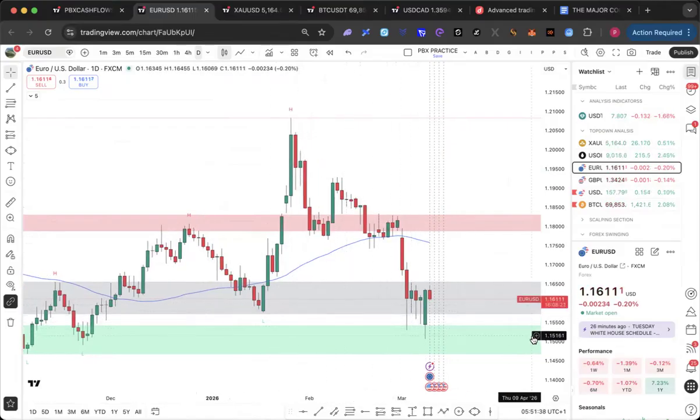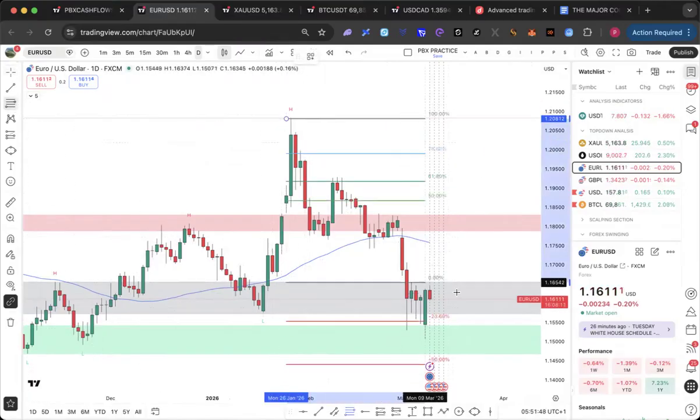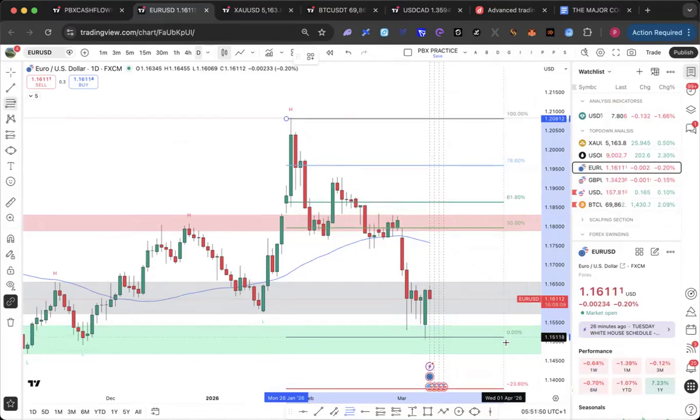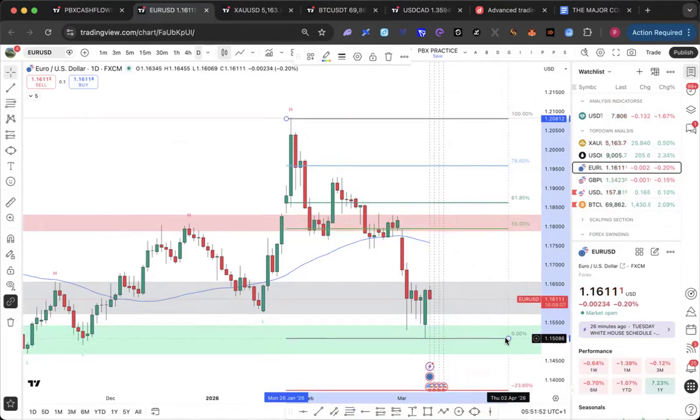So this market has potential to either travel up to this point. And then let's look at it. Take Fibonacci from this high to this low. So that means the market, if it's going to travel back up, goes to this point. So that is this region.